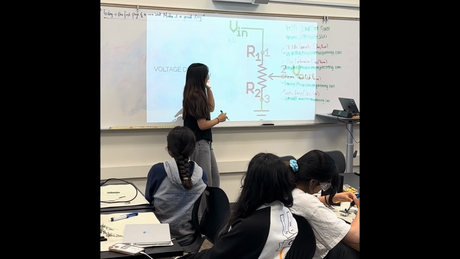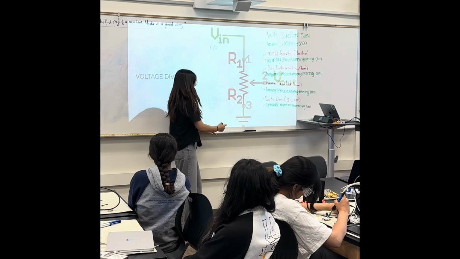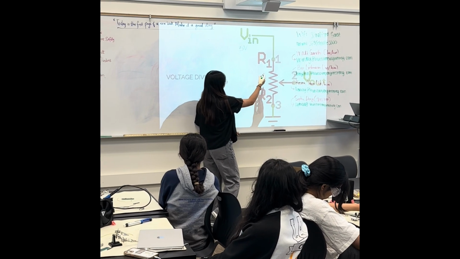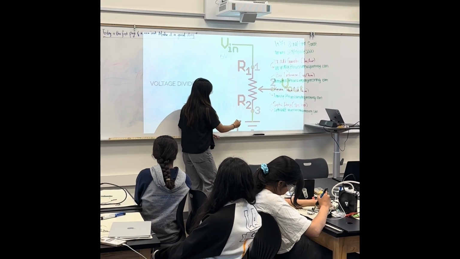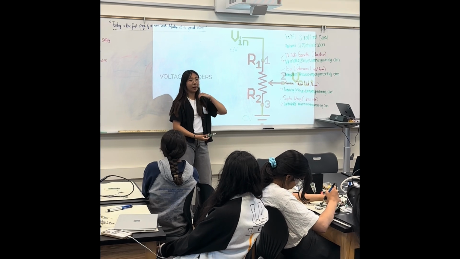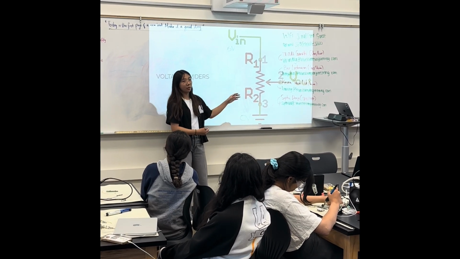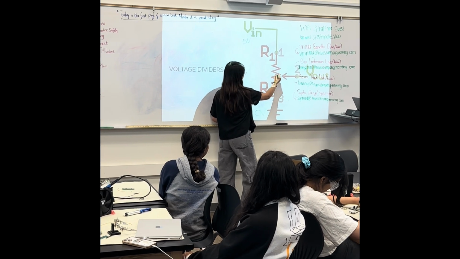And this symbol down here is the ground symbol, which means that at this very last point, after it's passed through resistor 1 and resistor 2, it's 0 volts. But we don't want 5 volts or 0 volts. So we want to take a voltage in between the two resistors.